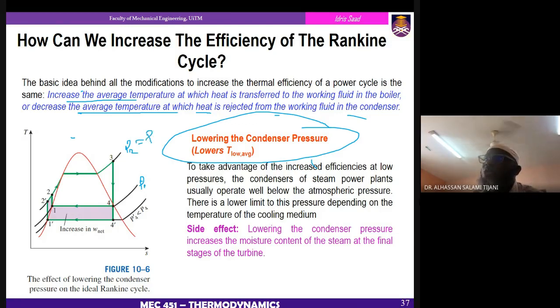P2 we know equals P3, and here P1 equals P4. So if we stop over here, then the efficiency which we'll get will be lower than if we continue into this state. You understand? Because then the net work will increase in proportion to this shaded region.